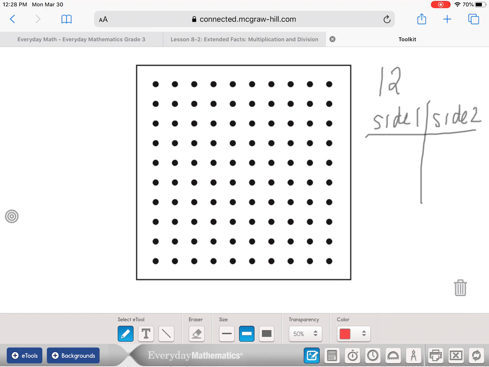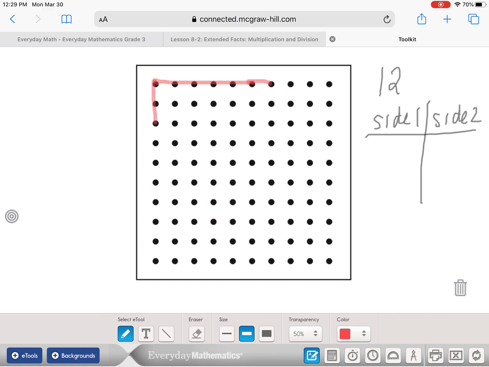To find an area of 12 square units, that means that the inside needs to be 12. So I can count 1, 2, 3, 4, 5, 6. I can go across like that, counting the inside spaces. 1, 2, 3, 4, 5. I need one more, 6.